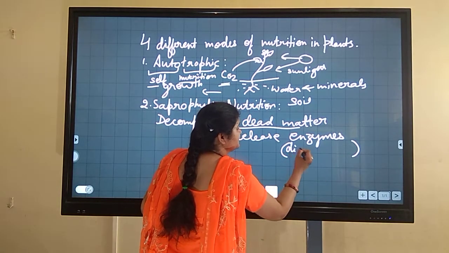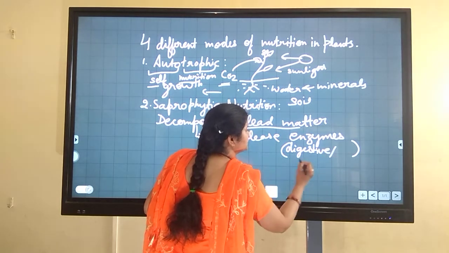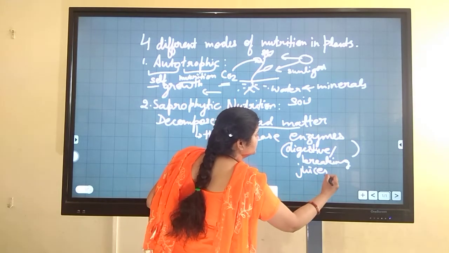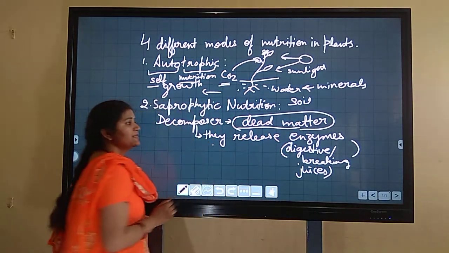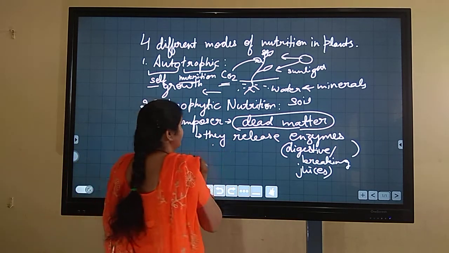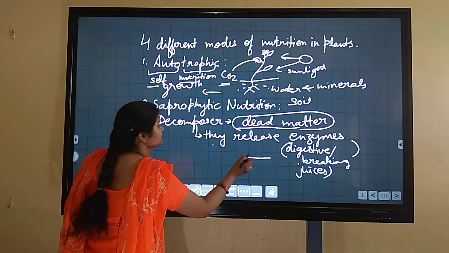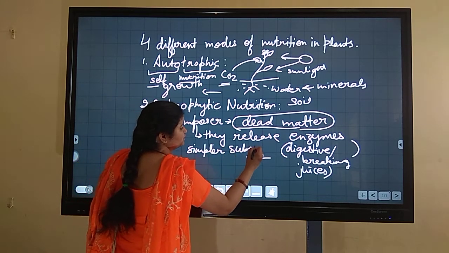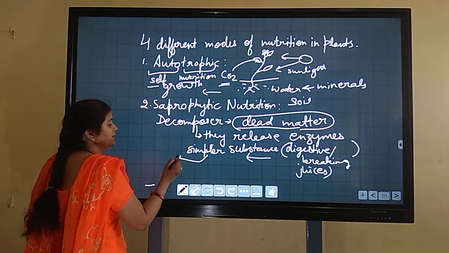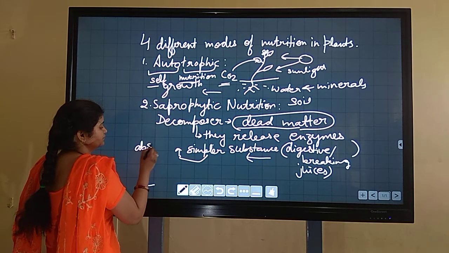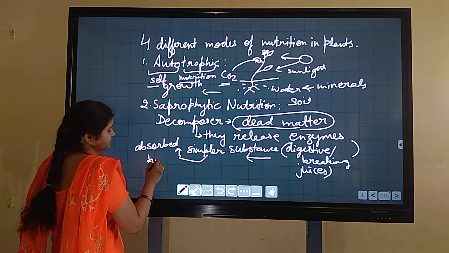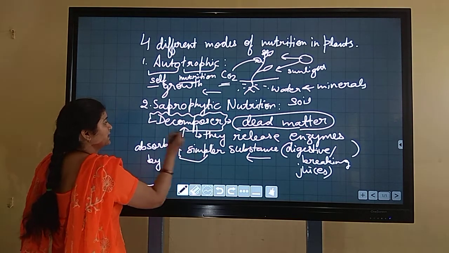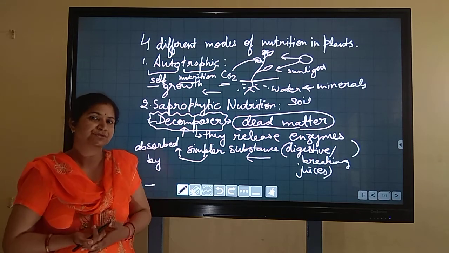Enzymes means digestive juices, digestive or breaking juices, outside their body on the dead matter, and then the dead matter is converted into simpler substances and is absorbed by the decomposers, and in this way the decomposers grow and get their nutrition.